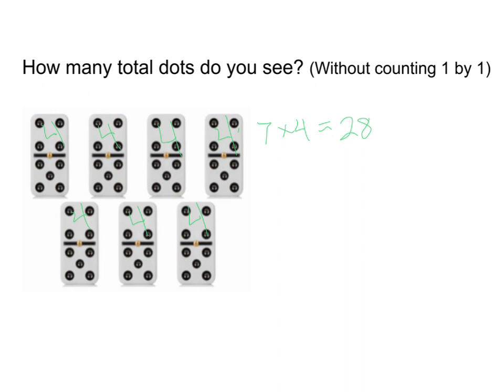Then I also have the bottoms: 5, 5, 5, 5, 5, 5, and 5, which is 7 groups of 5, which gives me 35. Combining those together gives me my 63.